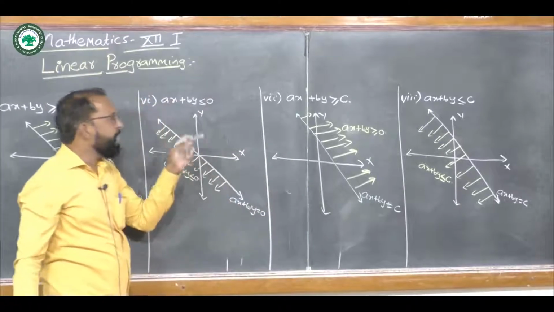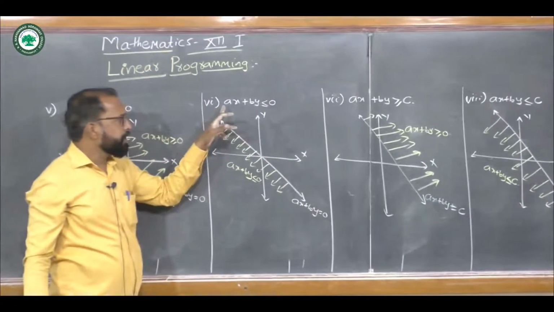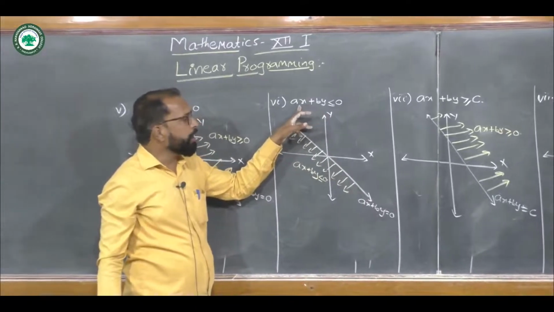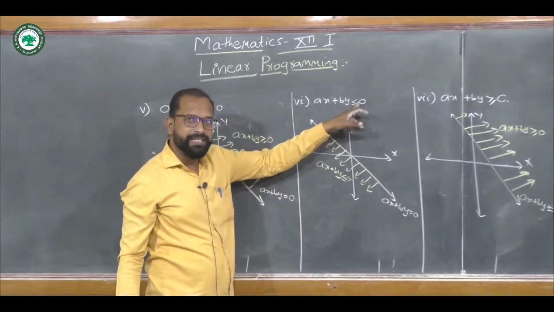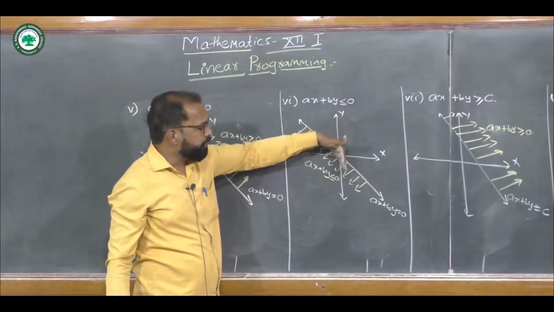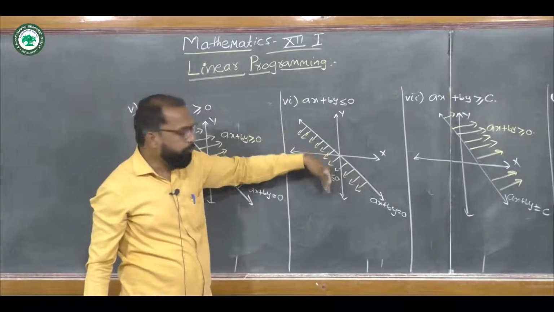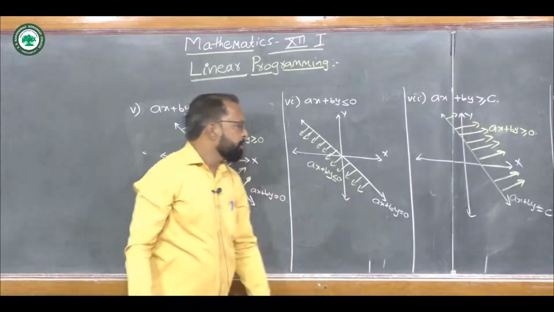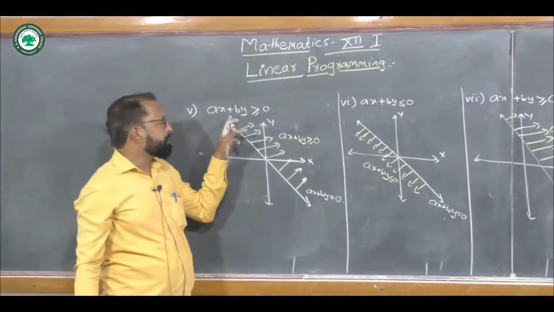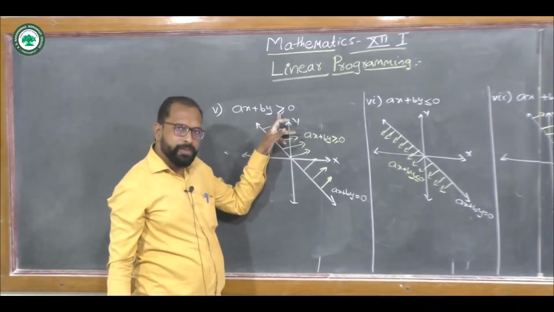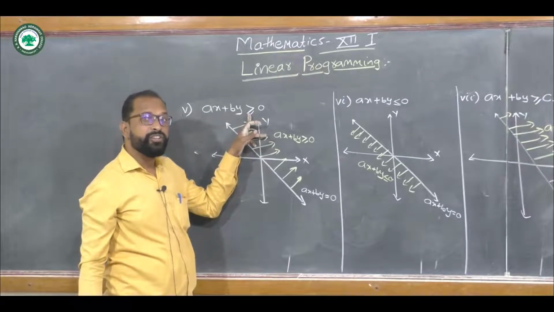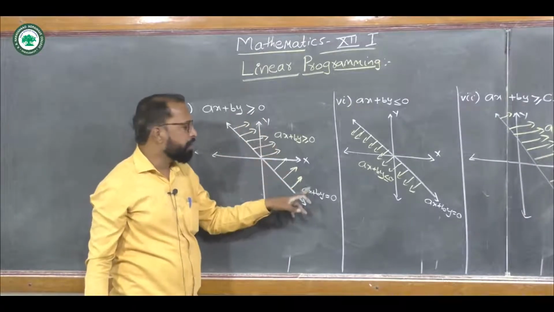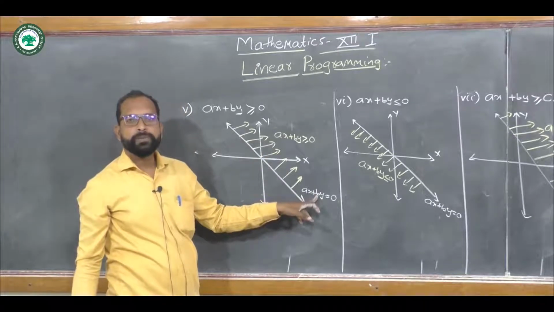Similarly, for the lines passing through the origin, that is ax plus by equals 0, the region for ax plus by less than or equal to 0 is again below the line, and for ax plus by greater than or equal to 0, we consider a region above the line ax plus by equals 0.